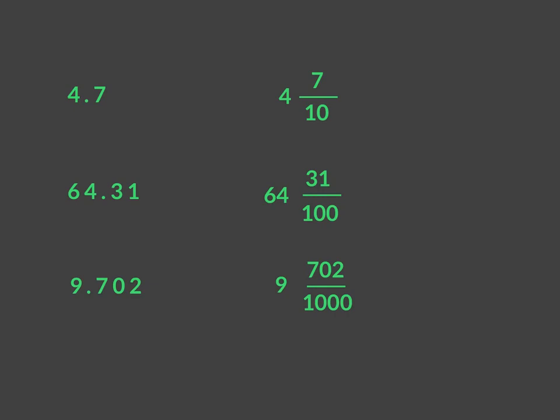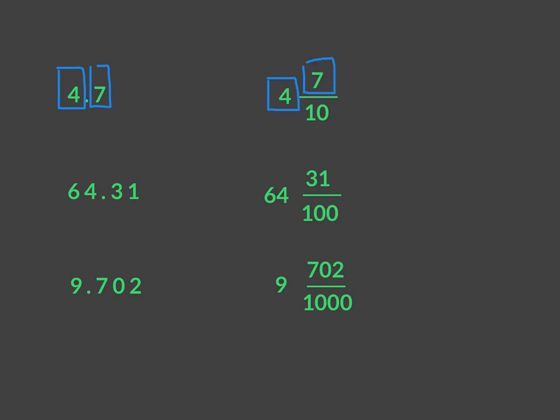We begin with 4.7. The number to the left of the decimal, the 4, becomes our whole number. The number to the right of the decimal, the 7, becomes our numerator.